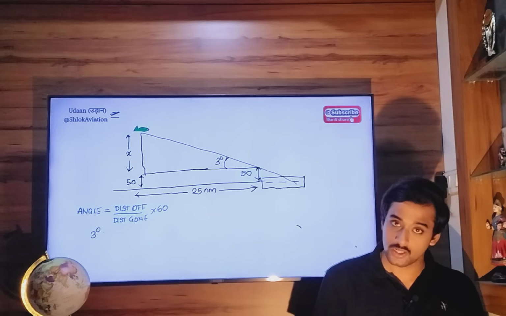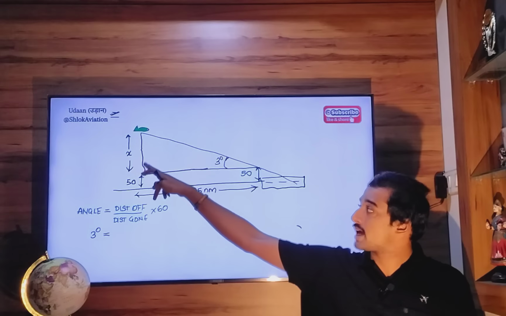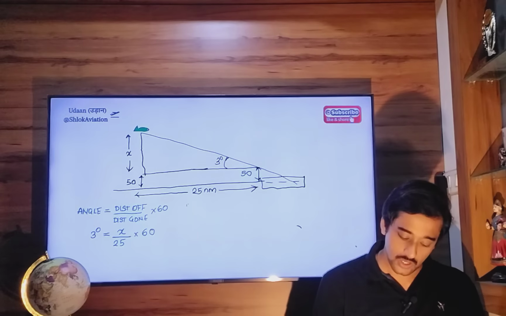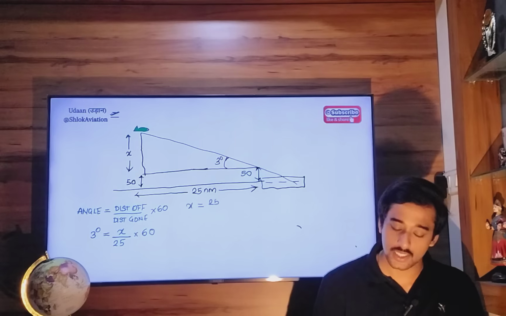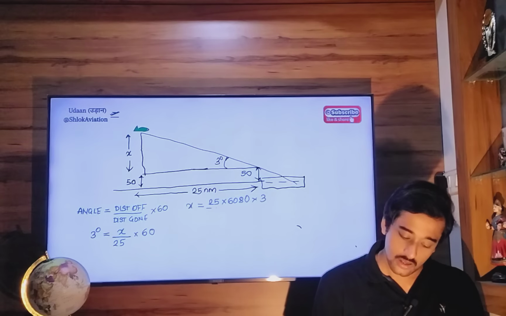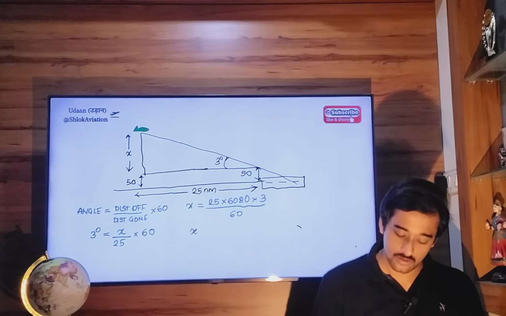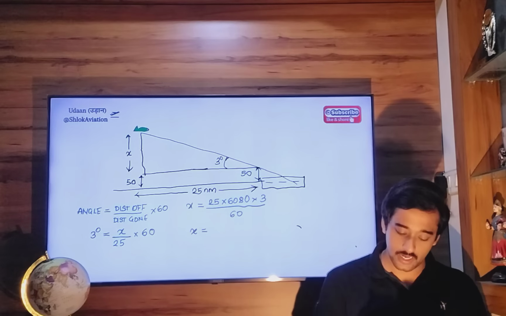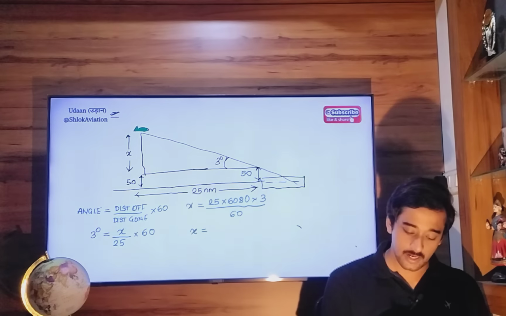So 3 degrees equals distance off track, we have to find x, divided by distance gone, 25 miles, into 60. So x equals 25 miles, converted into feet, so multiply by 6080, into 3 divided by 60. 25 into 6080 into 3 divided by 60.